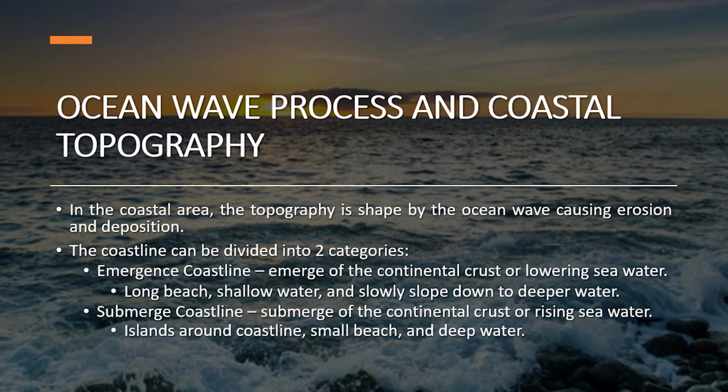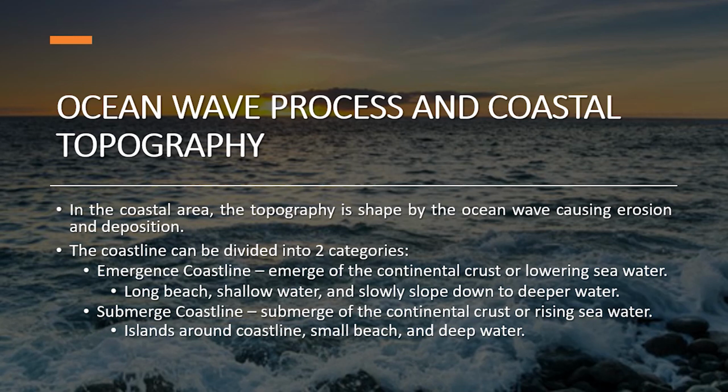For example, the coastline can be divided into two categories. The coastline is the coastal area that was affected by these ocean or sea waves, right? Number one is the emergence coastline, the emergence of the continental crust or lowering sea water. Emerge means it was able to lift up and form up the coastline.